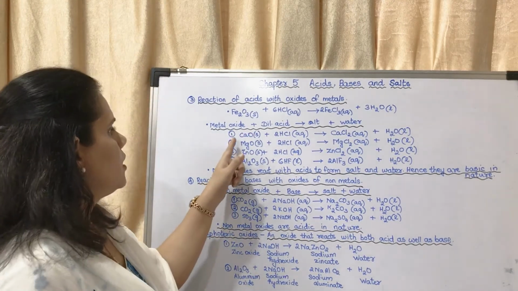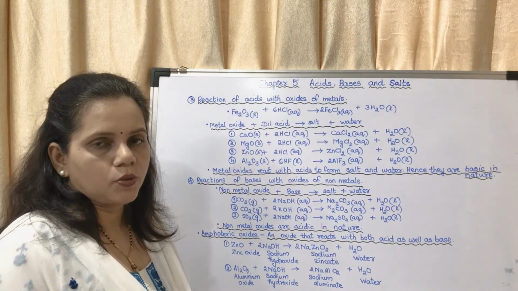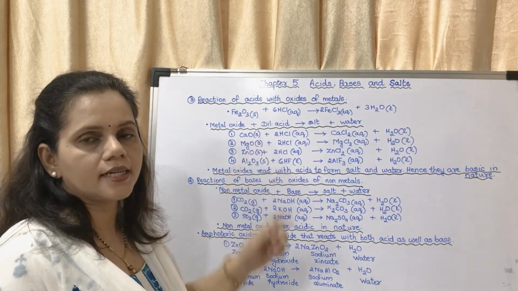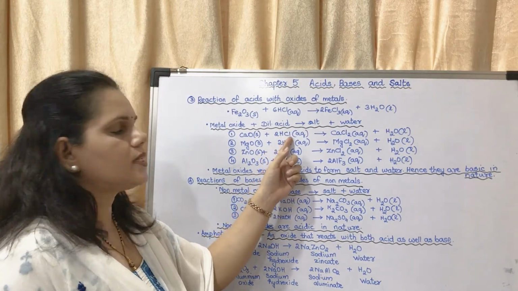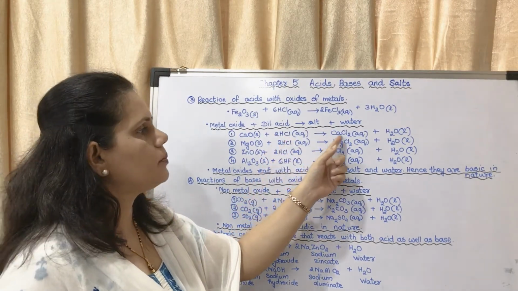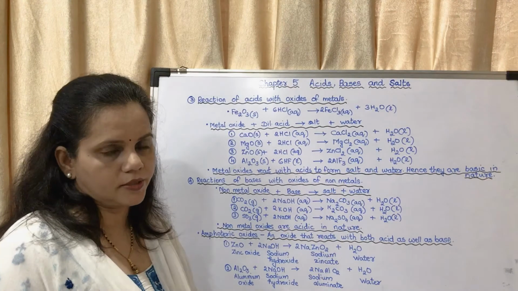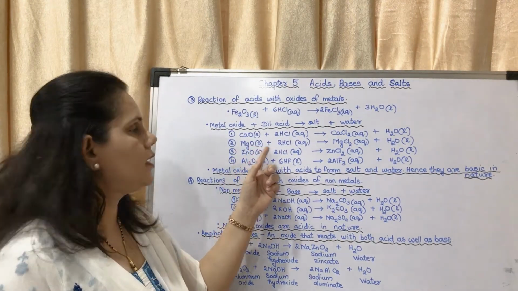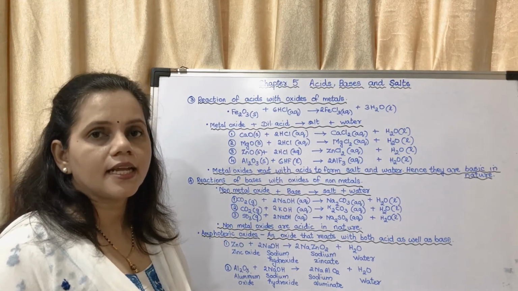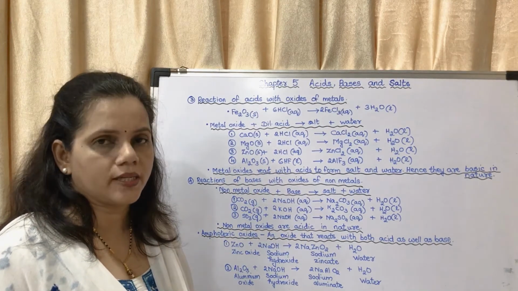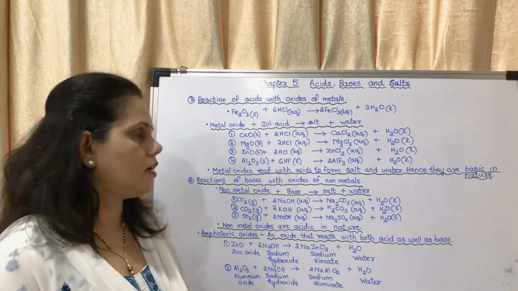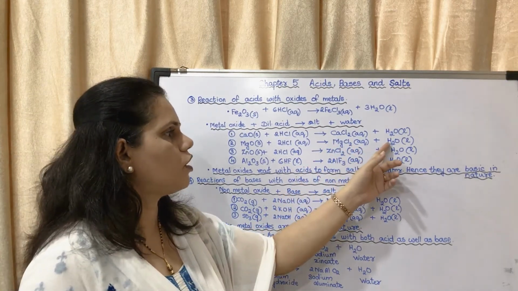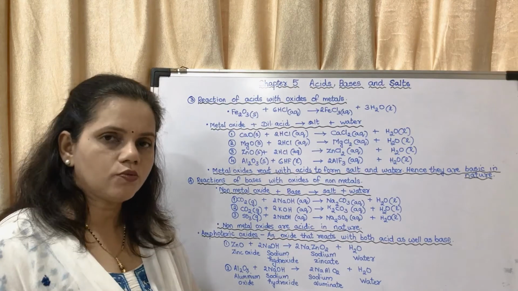Now the reactions given in the textbook, the fill in the blanks part. Calcium oxide, which is a solid, is a metal oxide, and reacts with HCl to form calcium chloride and water. Magnesium oxide, which is a solid, will react with HCl, that is aq, which stands for aqueous. Aqueous means in water. MgCl2, which is in solution form, and H2O, that is water.